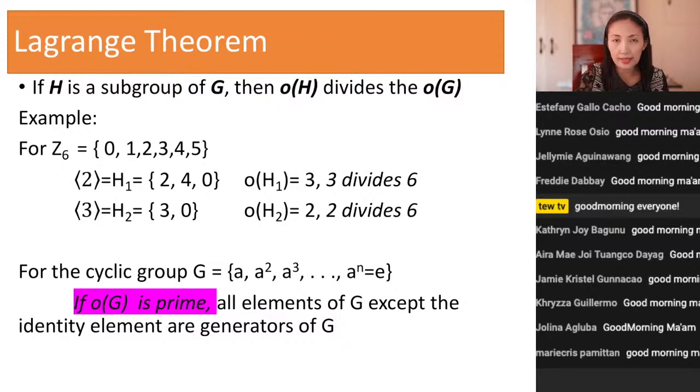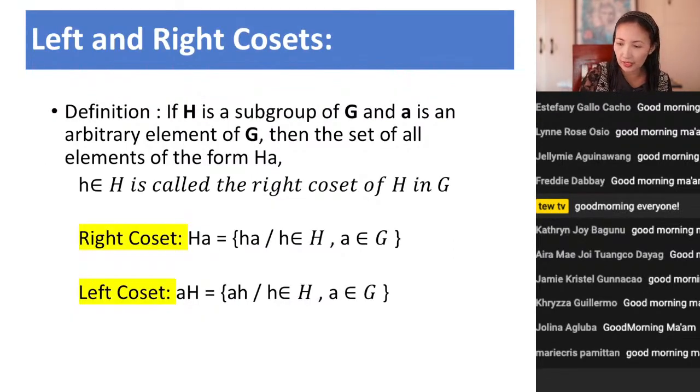Next, the left and the right cosets. What do we mean by left and right cosets?